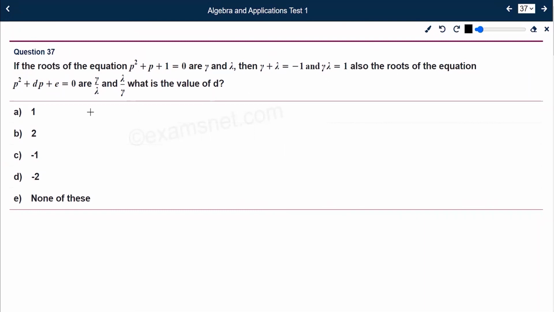Also, the roots of the equation p square plus dp plus e equals 0 are delta by lambda and lambda by delta. What is the value of D? That is the question.